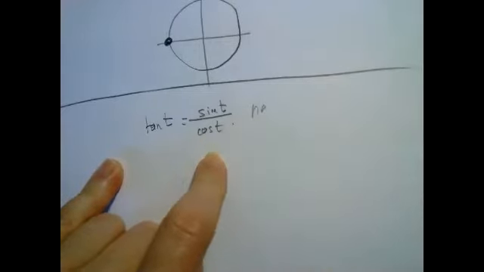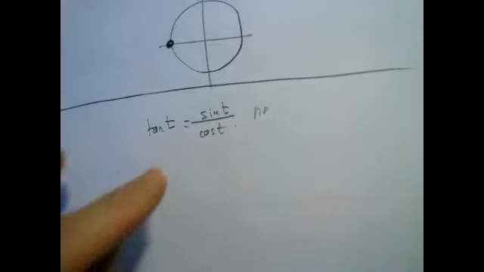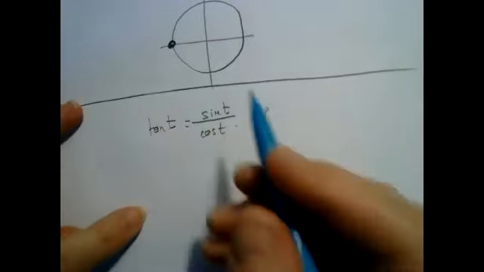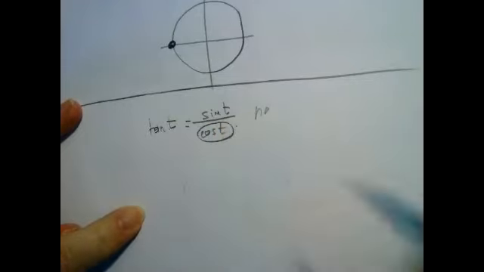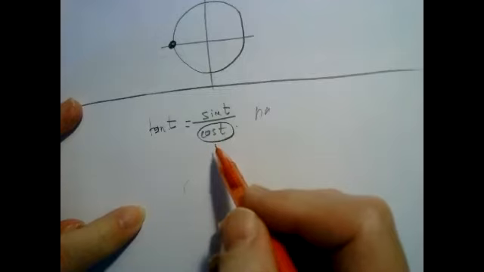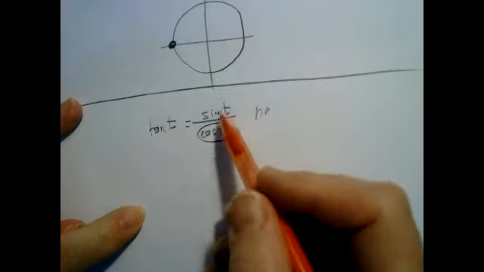Which value of t? Now Jaden is giving me the right answers. Which value of t, when I plug it here, would not be a number? Every t that makes cosine 0 gives me a problem. Pi over 2, now we're thinking better.